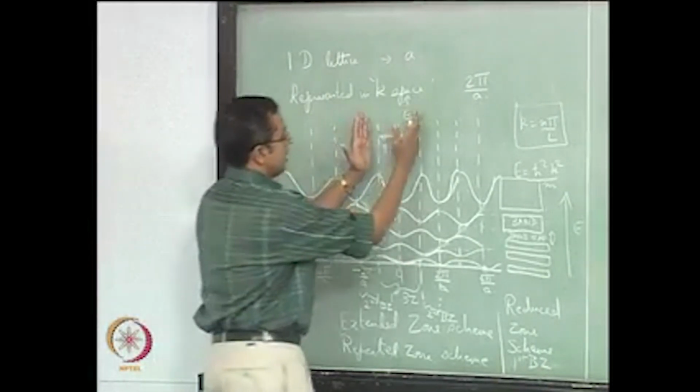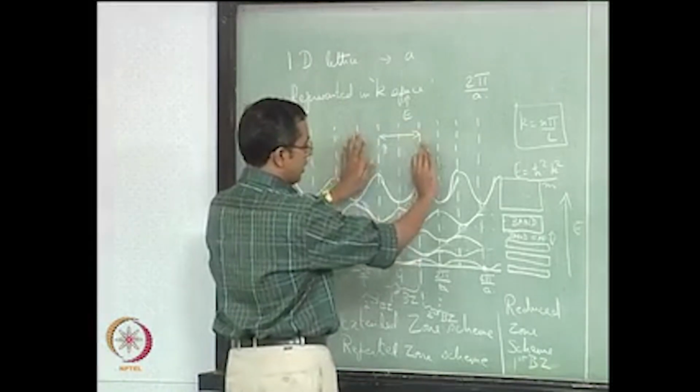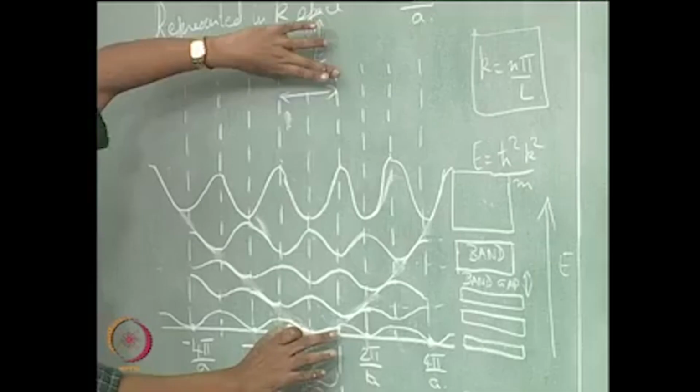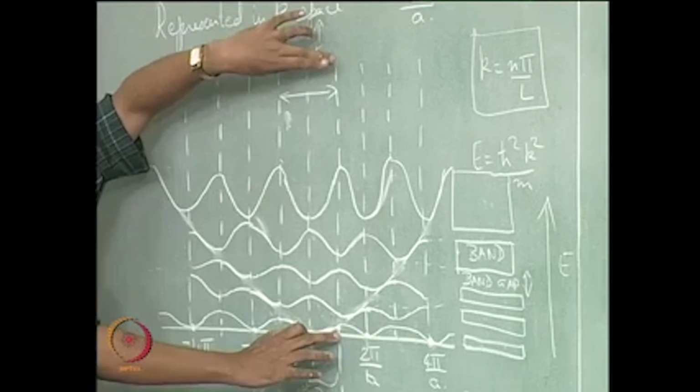So if I just drew this diagram only between these two lines and ignored everything on either side of those two lines, essentially I am only showing you the information within the first Brillouin zone. It captures all the details of the system perfectly fine.